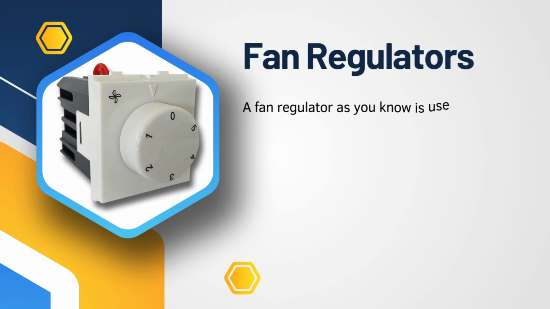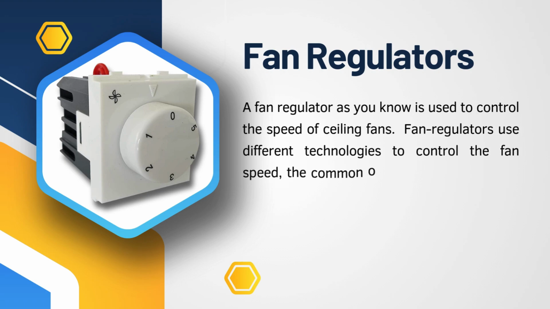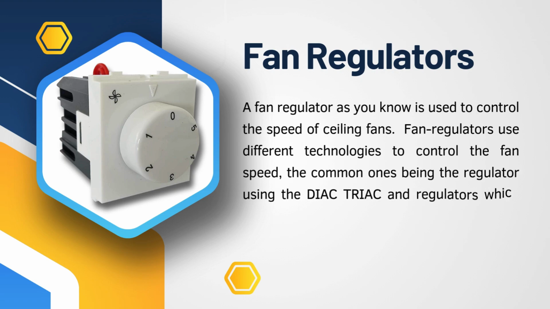A fan regulator, as you know, is used to control the speed of ceiling fans. Fan regulators use different technologies to control the fan speed, the common one being the regulator using the diac-triac combination and regulator using multiple capacitors.